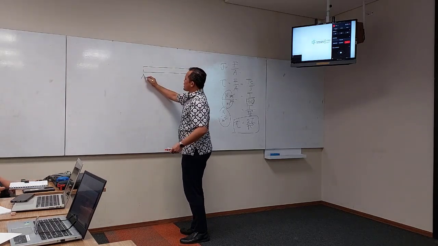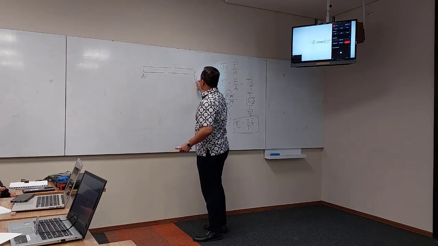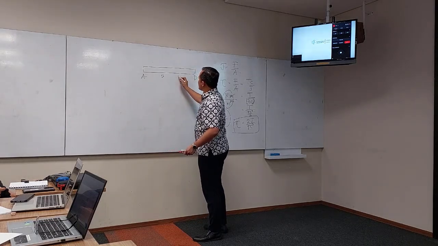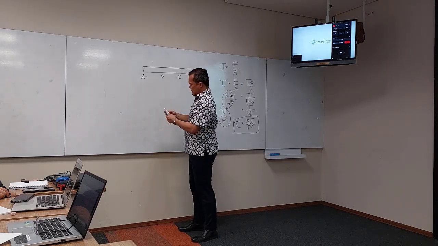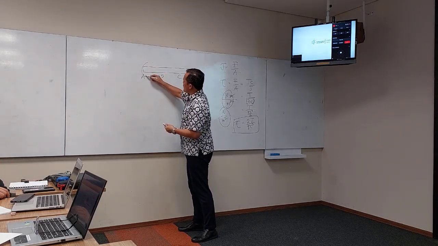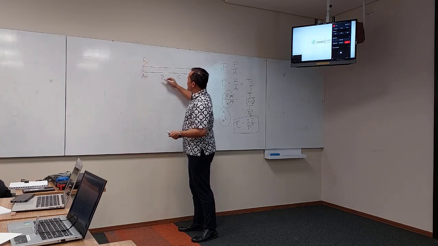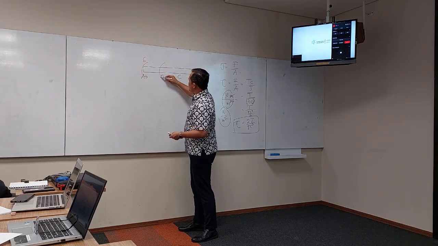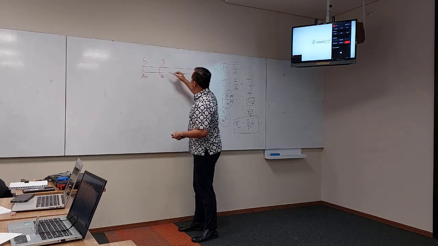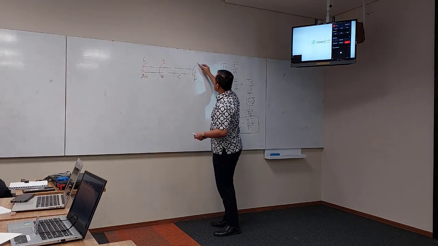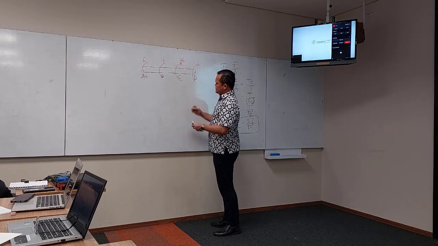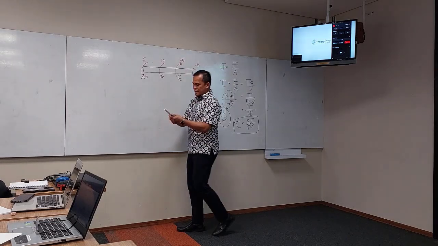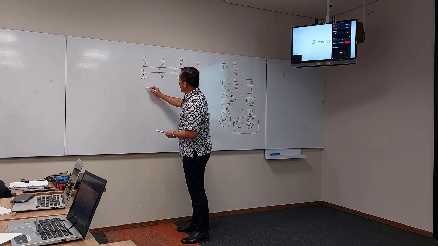This is a shaft A, D. They have B, C. First at A, it is applied by a torque of 6. At B, it is applied by a torque of 14. At D, 6. At C, 26. The sectioning method applies at these two.